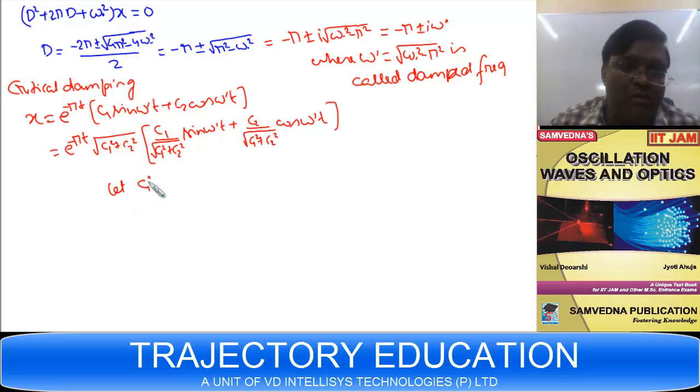So let C1 square plus C2 square be A, and tan delta is C2 upon C1.